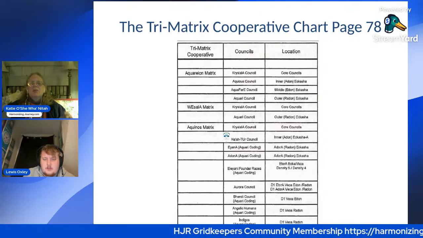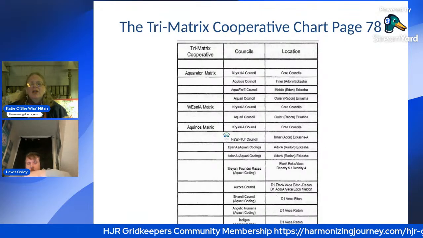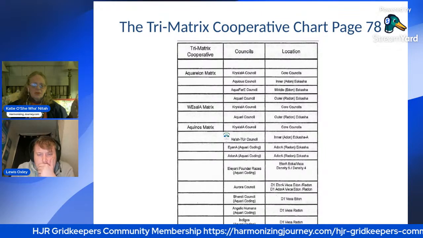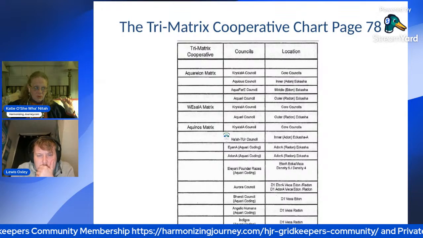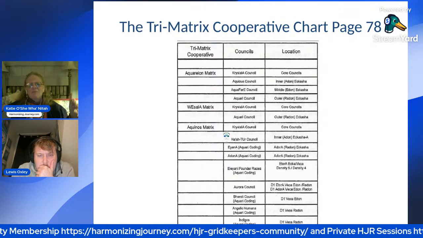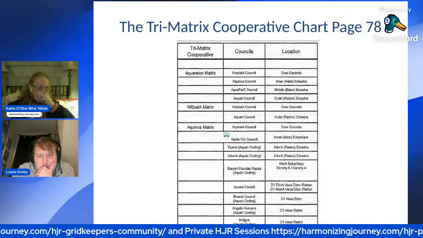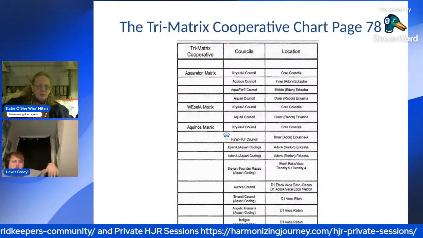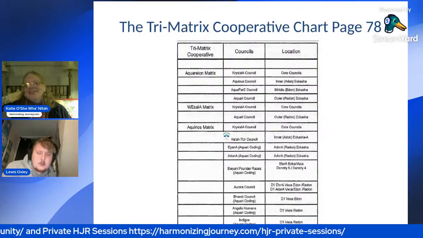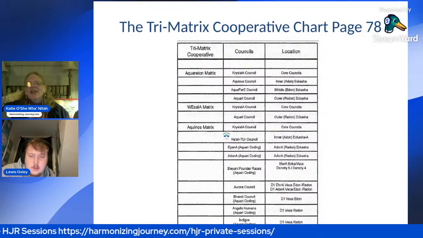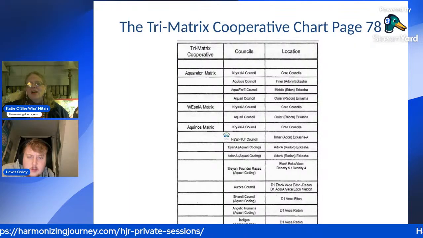And we then have our Iani founder races, which we'll be talking about more somewhat next month, and even more so the following month. But anyway, the Ettore Ekaveka density 5, density 4.